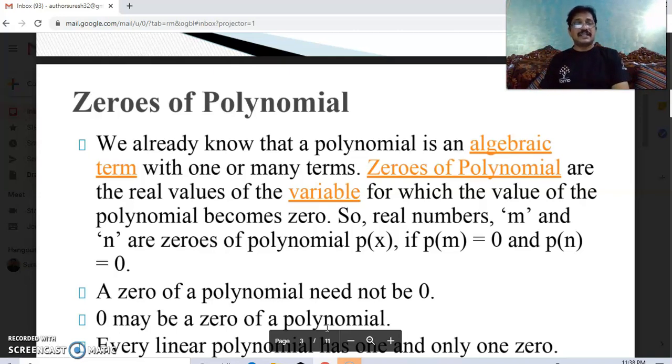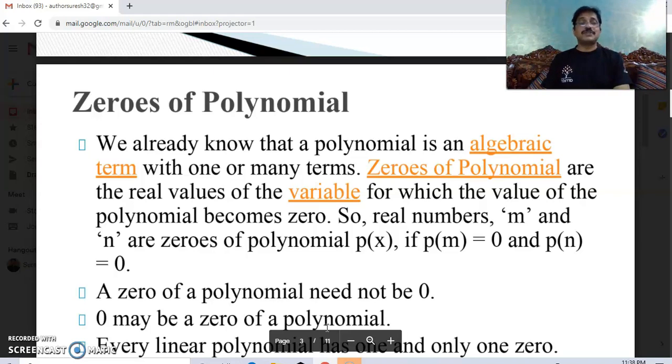So if real numbers m and n are zeros of the polynomial p of x, then p of m equal to 0, which means we substitute the value m in place of x, and also p of n is 0, then m and n are said to be zeros. If p of m equal to 0, m is a zero of the polynomial.